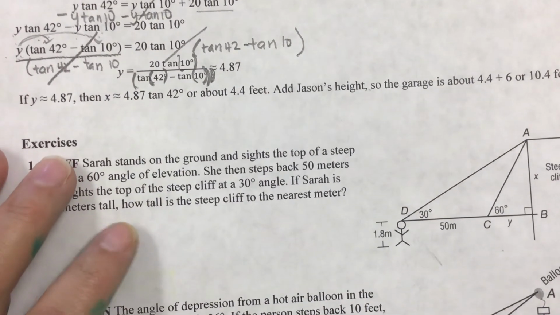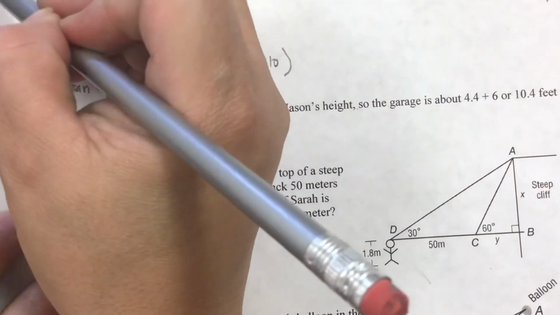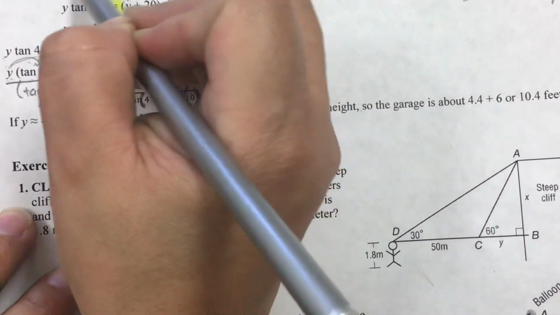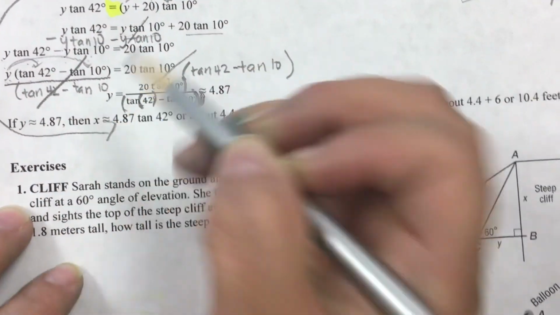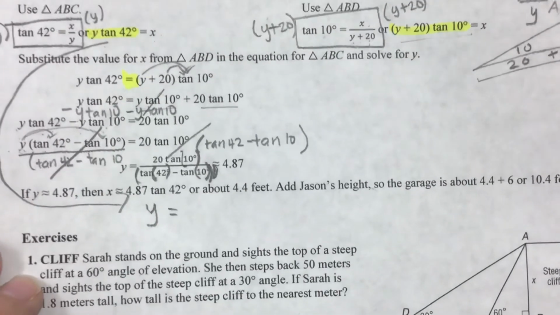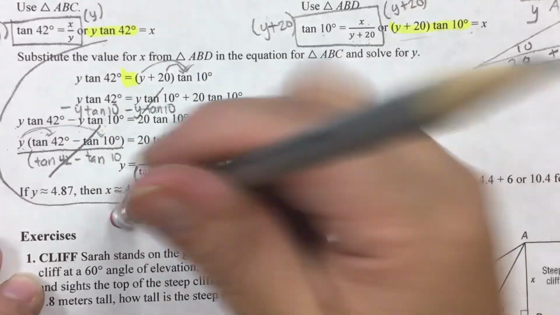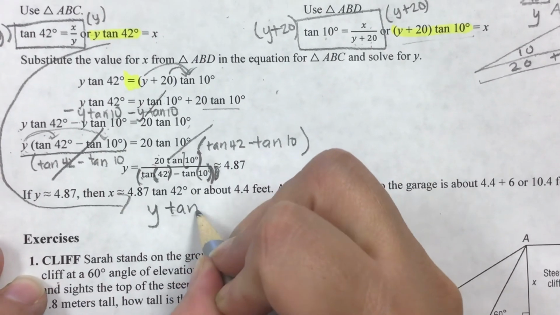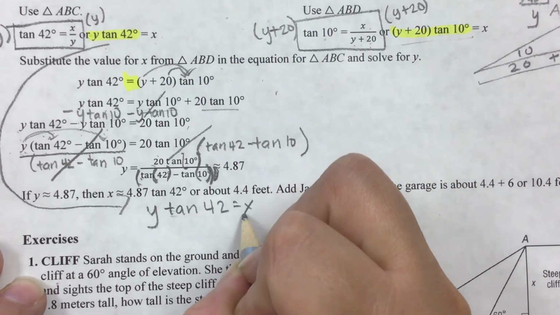So from here, what we're going to do is use this equation that we solved for x. So we had the equation, I'm sorry, not y is equal to, y tangent of 42 is equal to x.